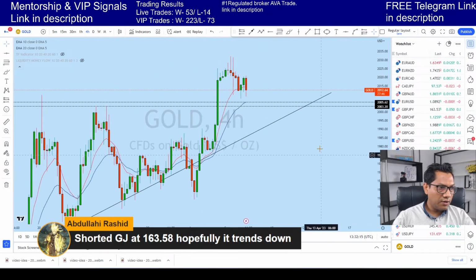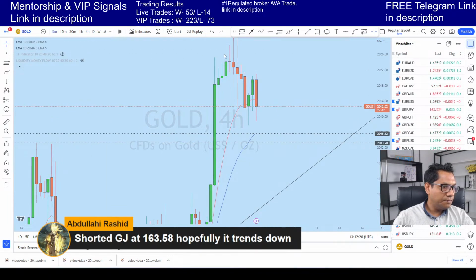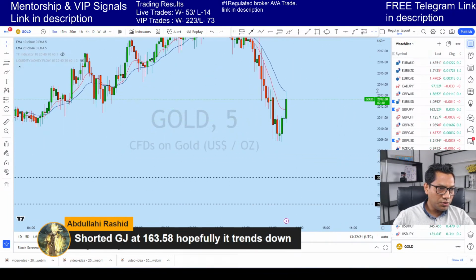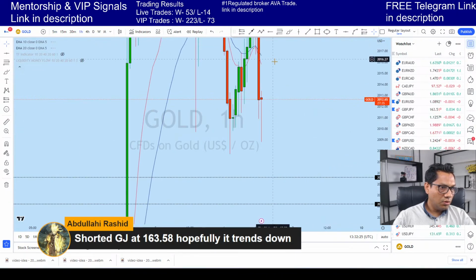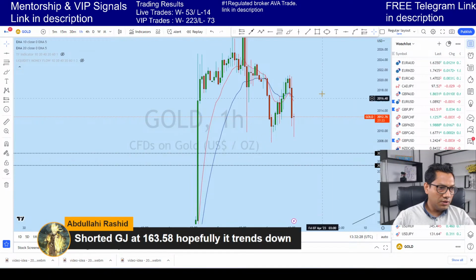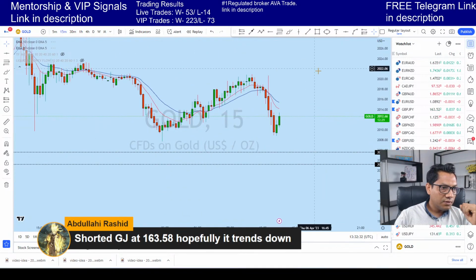So looking at gold again, as I mentioned, this is a bullish market, and you can see anytime the price started to reverse, that's why I'm not selling this market so far.